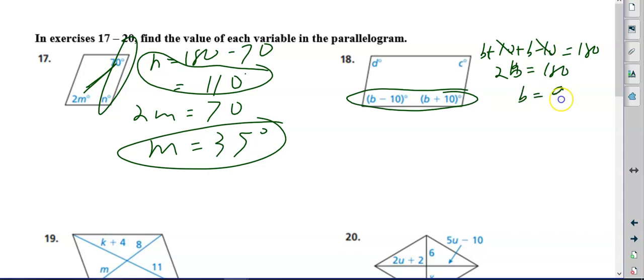So b is 90. That is not saying the angles are 90. That says b is 90. So 90 plus 10 means this angle down here is 100. 90 minus 10 means this is 90 minus 10, which is 80. And therefore, C is 80 and D is 100.